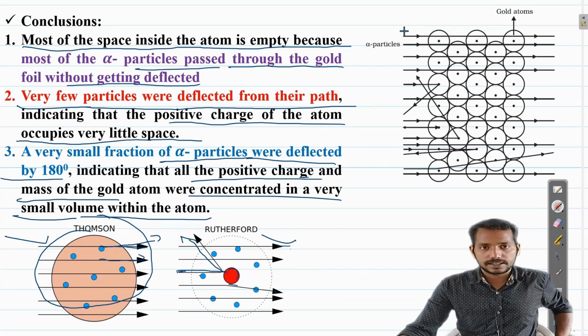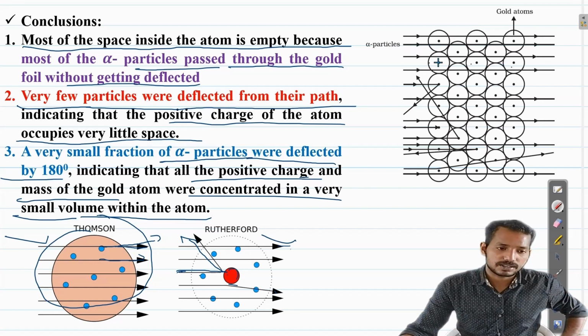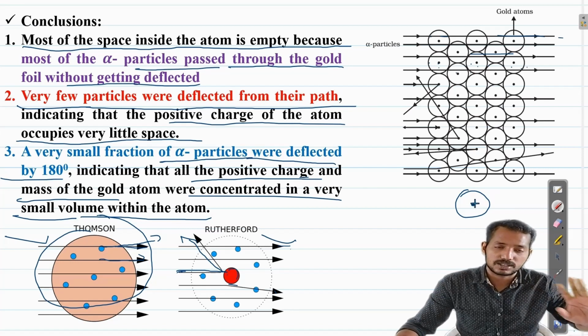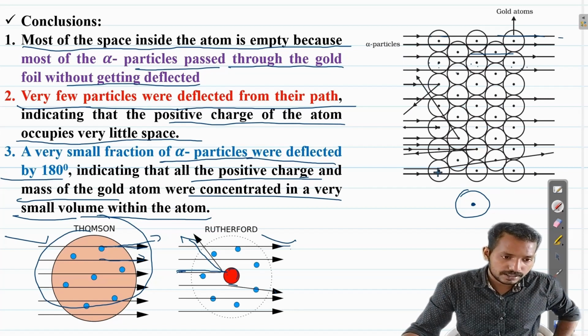See here, in the textbook also, one diagrammatic representation is given. This is the layer of atoms of the gold foil, and the alpha particles. Most of the alpha particles move without any deflection because this space is empty. One circle represents one atom, and this dot represents the mass and positive charge concentrated in a small central portion.